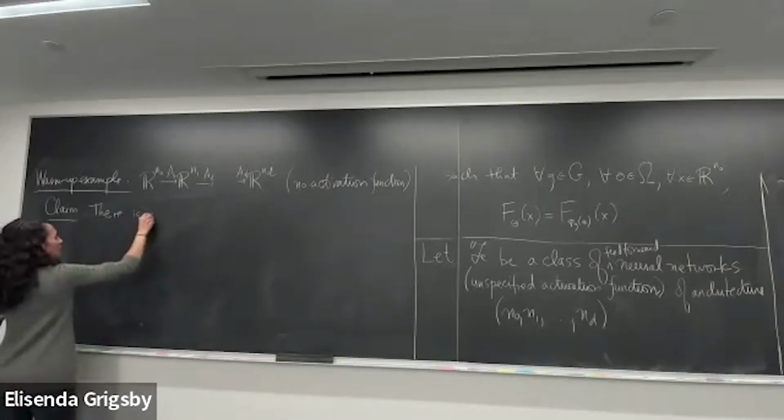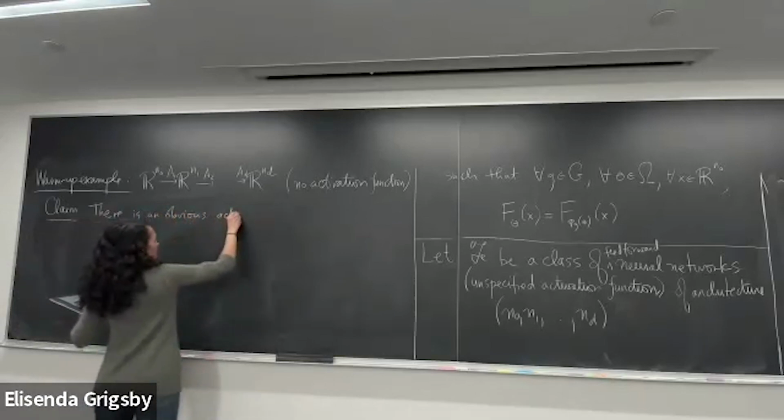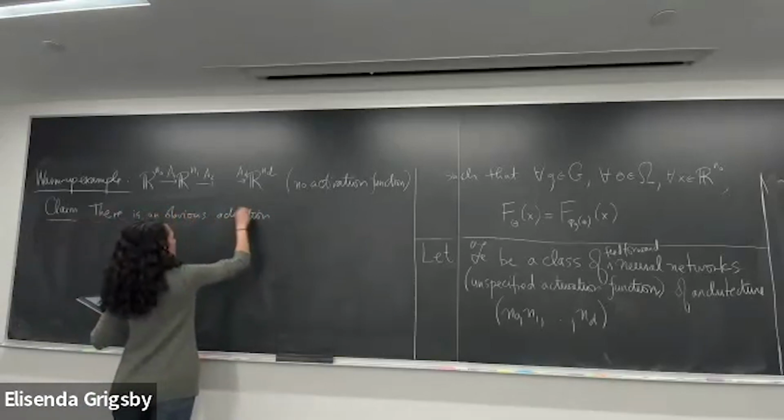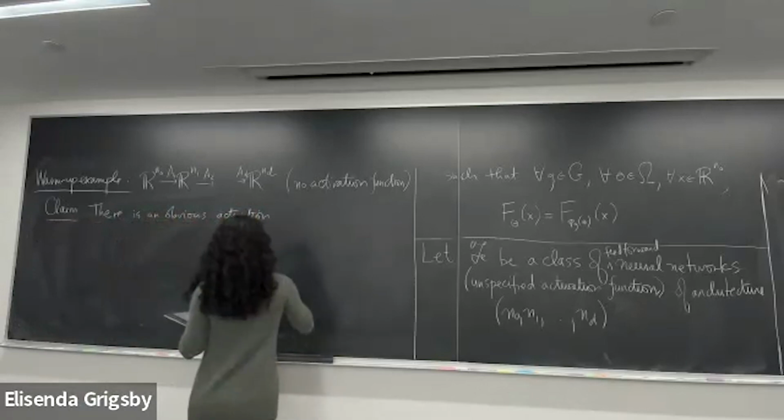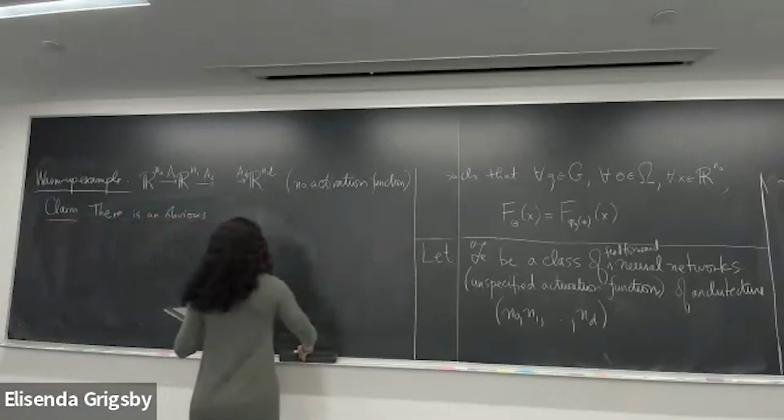So there is an obvious, well, obvious once you see it, parameter space symmetry.